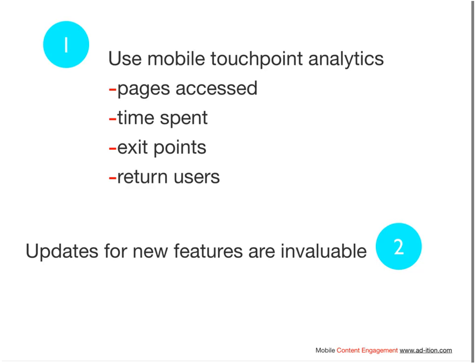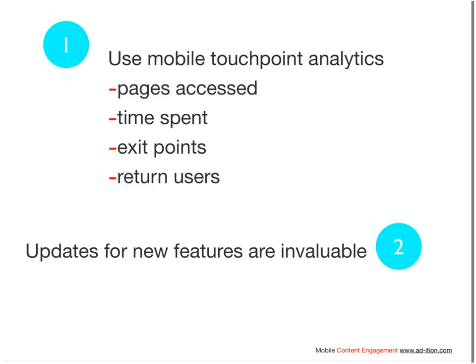Other things you want to take a look at when looking at engagement are your current mobile touchpoint analytics. Even if you don't have a mobile app in market today, you can still look at your website analytics and look at people who are accessing your site from a mobile device.